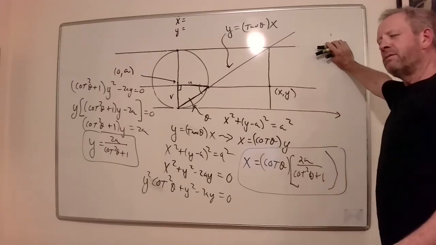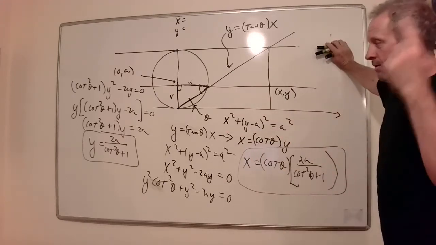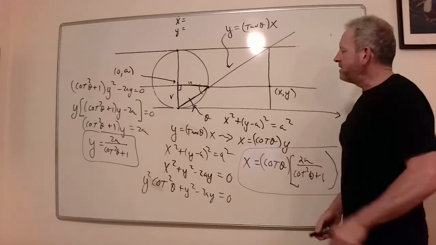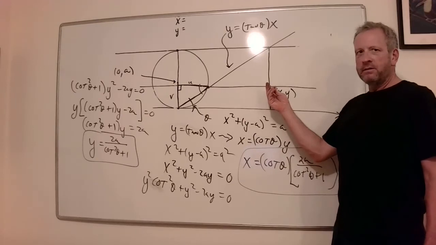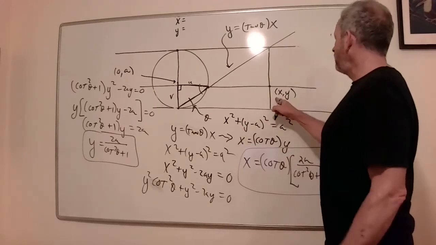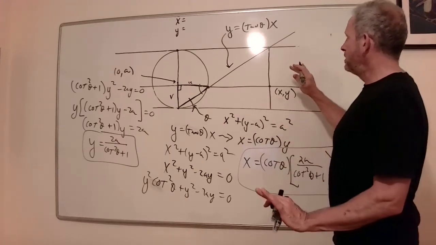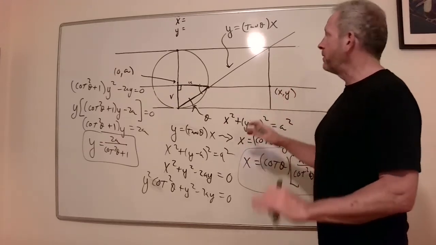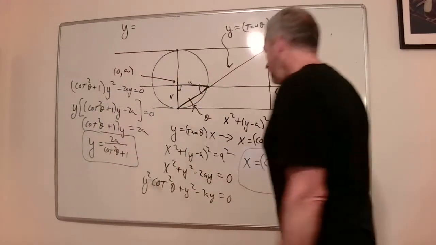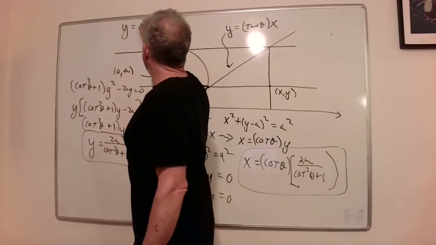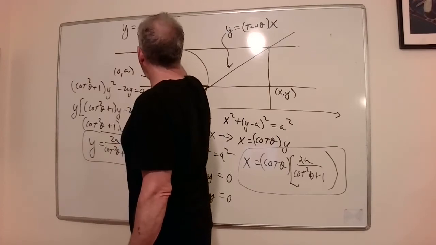Now, something just occurs to me that maybe I didn't need both x and y. This only occurs to me right now. Because as a matter of fact, once I know the y coordinate here, I will know the y coordinate here. Hey, that's actually not too bad. Look, the y coordinate there is the y coordinate there. So let me write this down so we don't forget this. Okay. So y as a function of theta is this right here, 2a divided by cotangent squared theta plus 1.